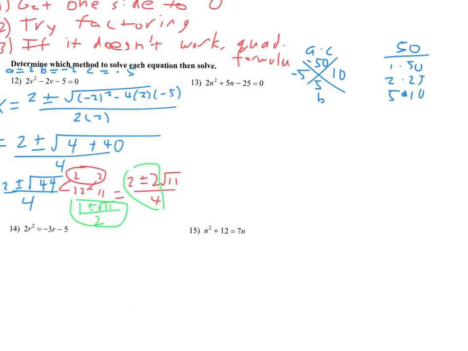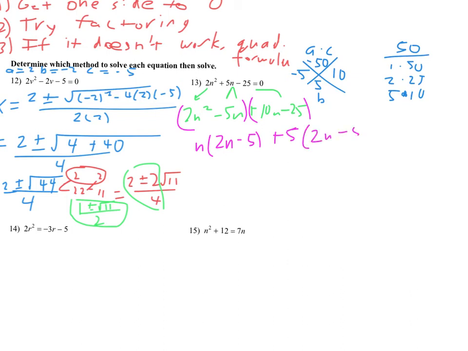All right, so we'll split up this middle term then. We'll just rewrite this first term, 2n squared minus 5n plus 10n, and then bring this one down as a negative 25. We'll do our grouping here. So the first group, I can just take out an n, which leaves me with 2n minus 5. And then the second group, I can take out a 5, and it's a positive 5, since that first term is positive, that'll leave me with 2n minus 5 as well. And then so we'll do n plus 5 times 2n minus 5 equals 0.